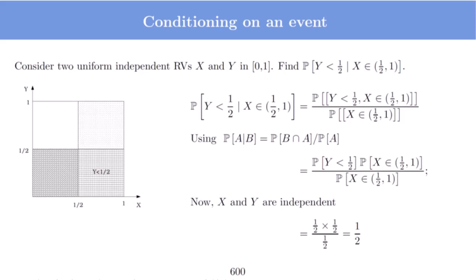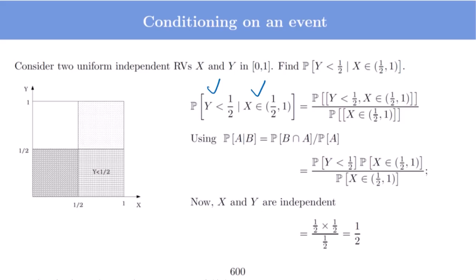Suppose X and Y are independent random variables, and I have to compute the probability that Y is less than half, given that X is between half and 1. I can apply the same formula. This is my A and this is my B. So the probability of A given B would be equal to the probability of A intersection B, which means Y is less than half and X is between half and 1.